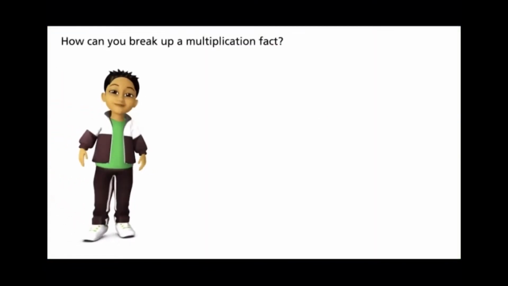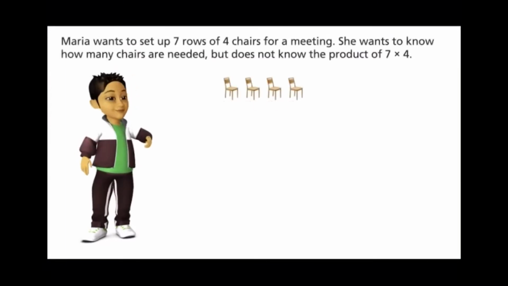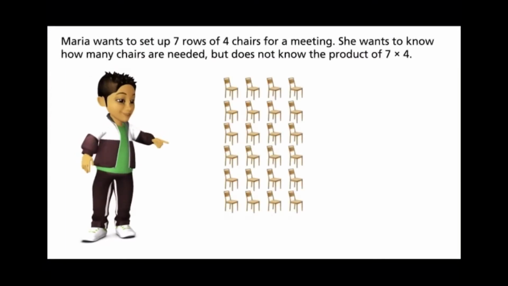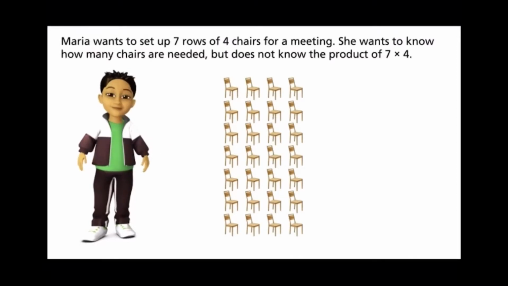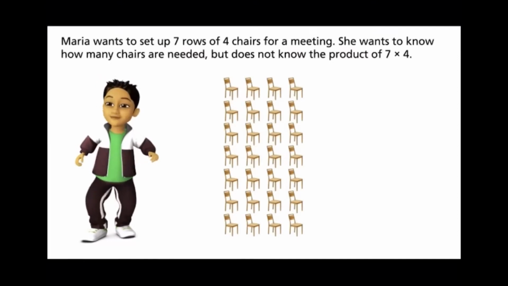How can you break up a multiplication fact? Maria wants to set up 7 rows of 4 chairs for a meeting. She wants to know how many chairs are needed, but does not know the product of 7 times 4. You can use known facts to help find the product of unknown facts.